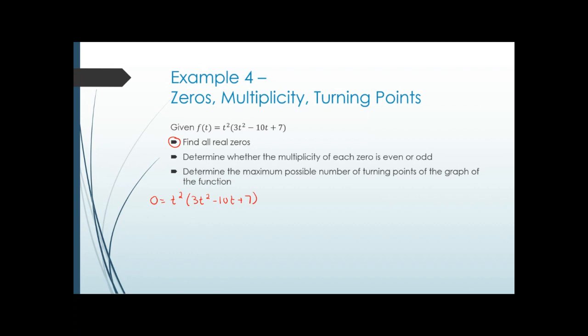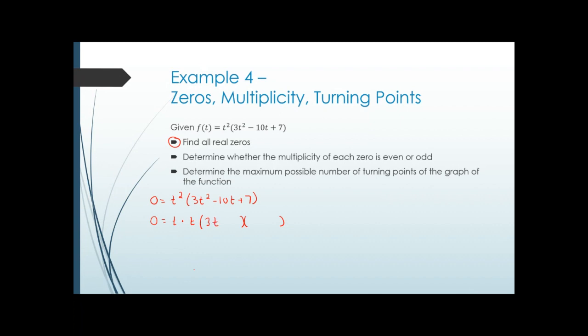Now for something like this, factoring would be the best bet. And so t squared is just t times t, so I'm going to just write that. And then I'm going to want to factor the 3t squared minus 10t plus 7.